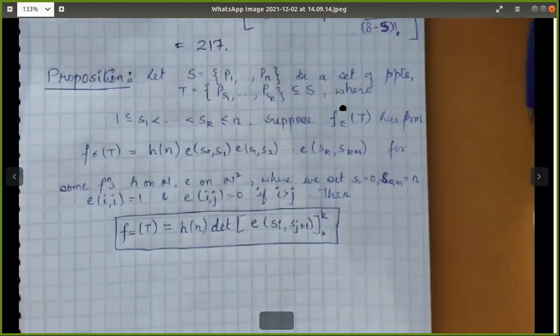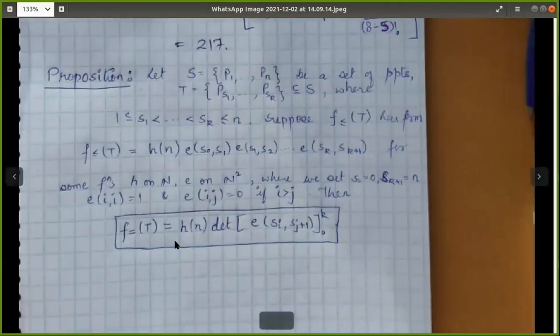Yes. So f of t was given by h of n for some function, remember? So this is the kind of function which we are trying to figure out in the general setup. And of course, these are the entries in the matrix whose determinant is to be determined.